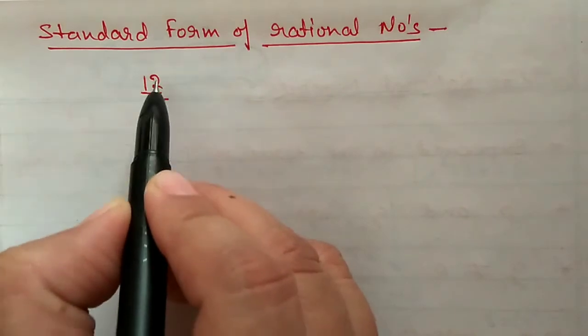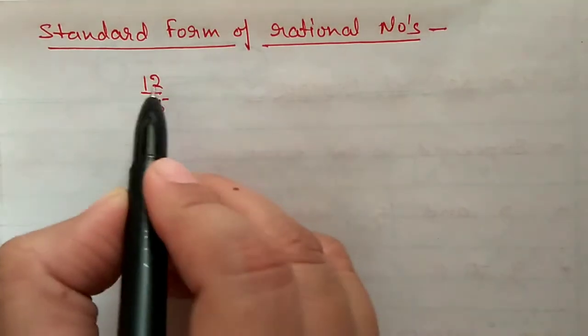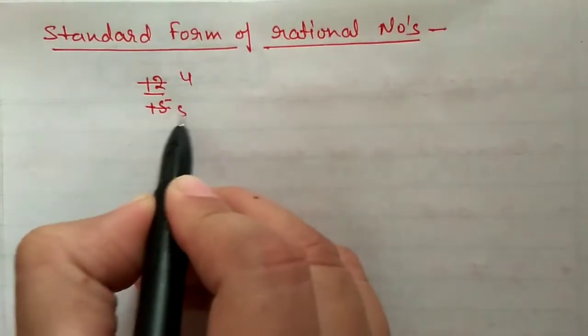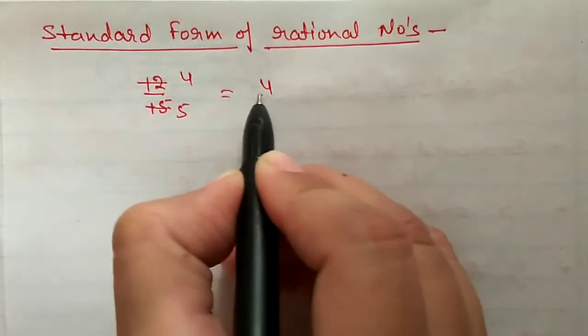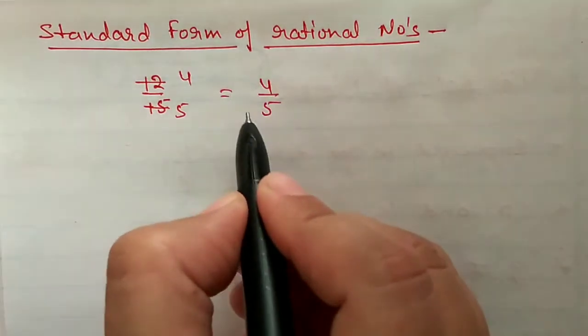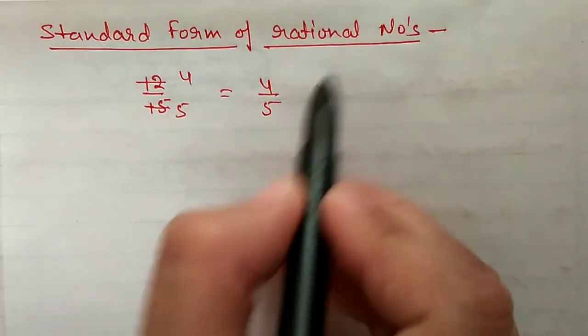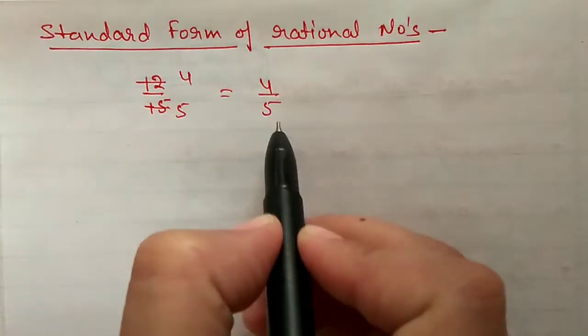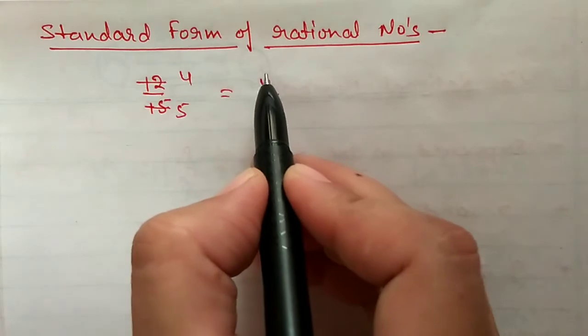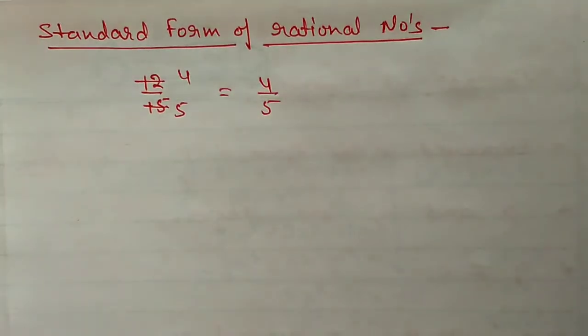So here you can see 12 and 15 we can cancel by the table of 3. So 3 is common, 3 fours are 12 and 3 fives are 15. Now this 4 by 5 we will call the standard form of the rational number, because after this step we cannot cancel out anything. So this is the standard form or the simplest form of a rational number.